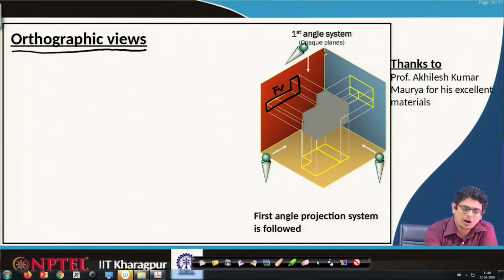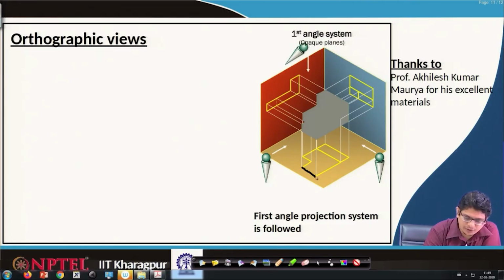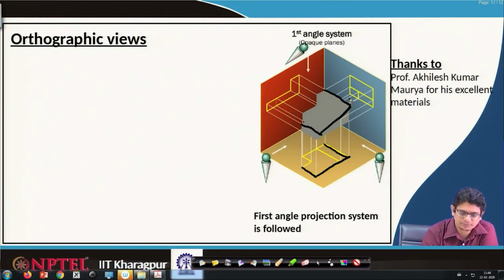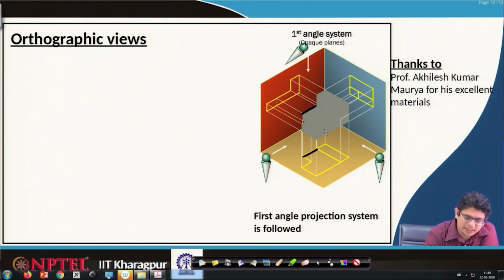If we are looking from top, the observer is here. So, this line that we see comes from this line. This line comes from this line and this one comes from that line. Similarly, this line comes from this line.